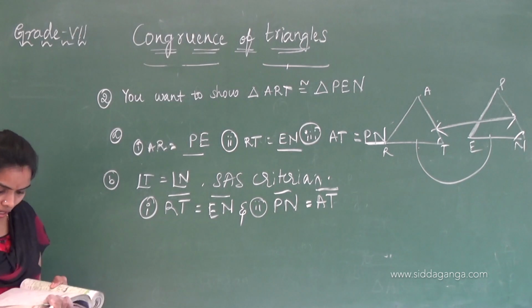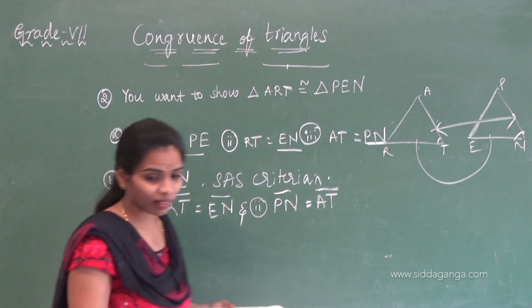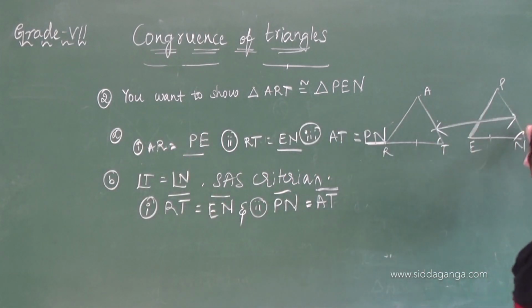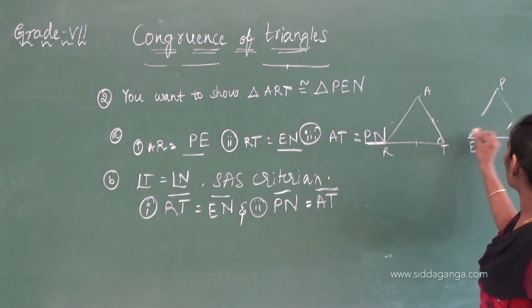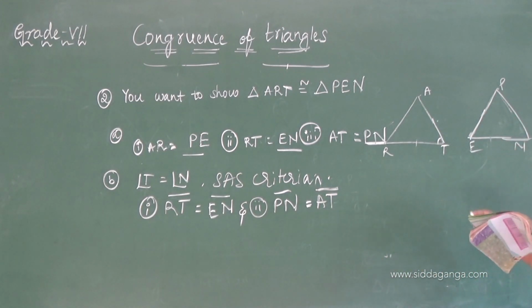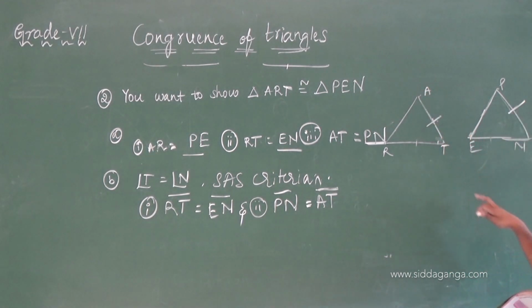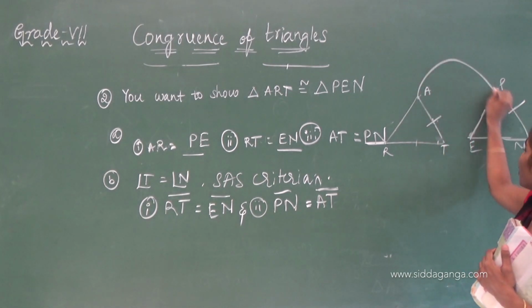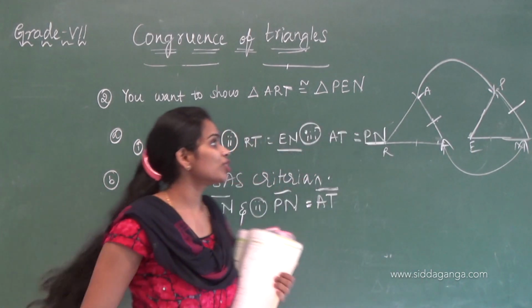What is C question? For all, they are giving only one congruent triangle picture. If it is given AT is equaling PN, we have to tell what else is equal. By using ASA criteria, we have to tell which ones are equaling.